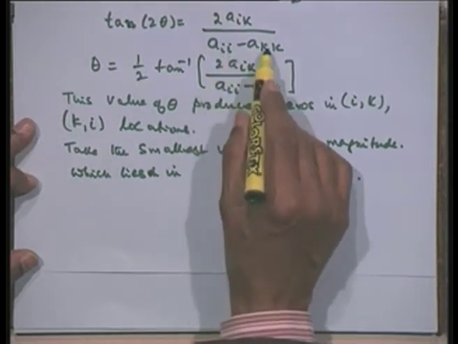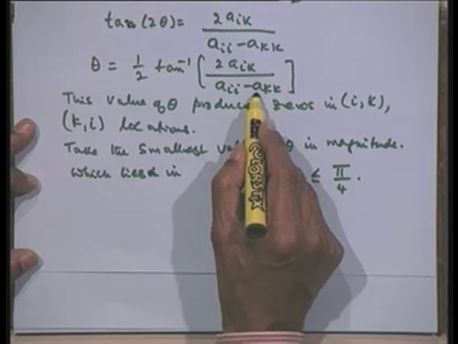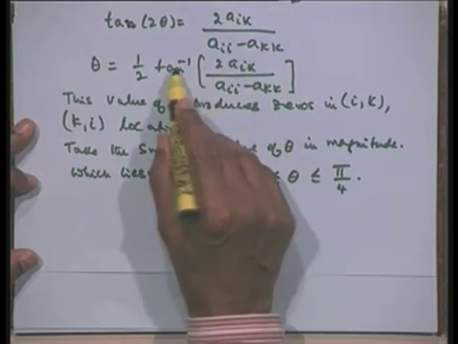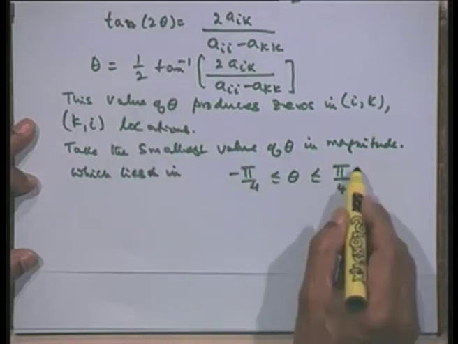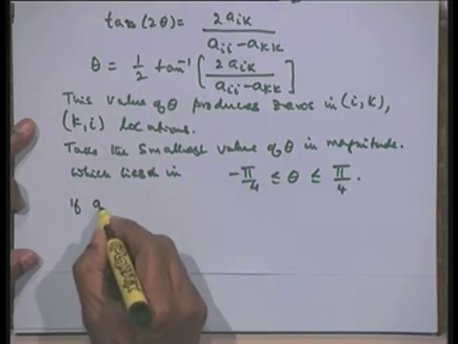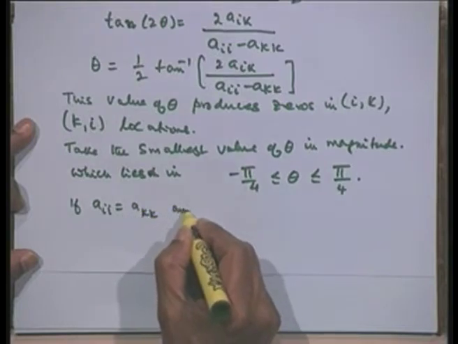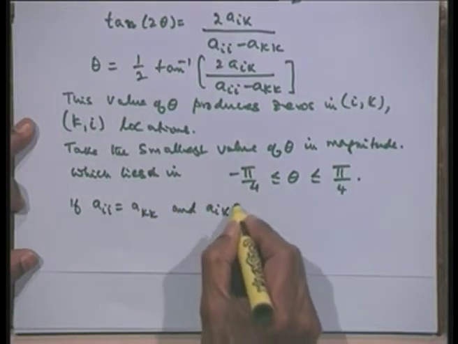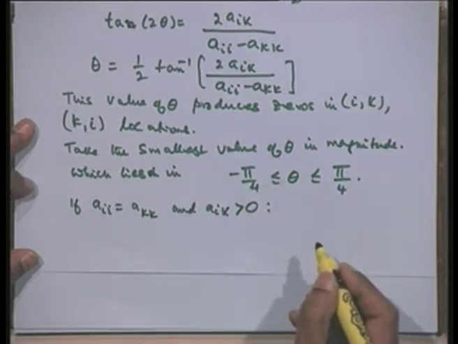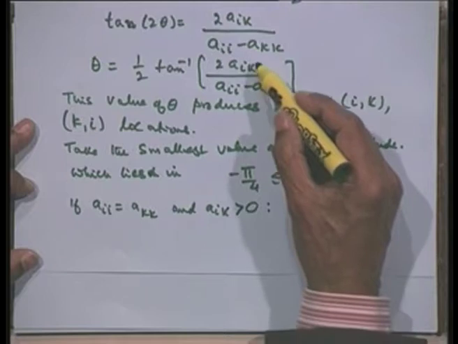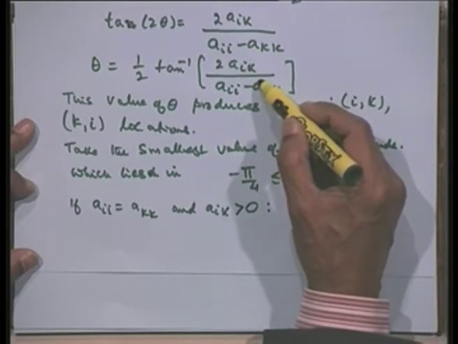Now, you can see here some typical particular cases. If a_ii is equal to a_kk, the denominator is going to be 0, therefore this will be infinity, and tan infinity will be pi by 2. So, I will have the extreme values in those cases. If a_ii is equal to a_kk and a_ik is positive, denominator is 0, it will give you plus infinity.